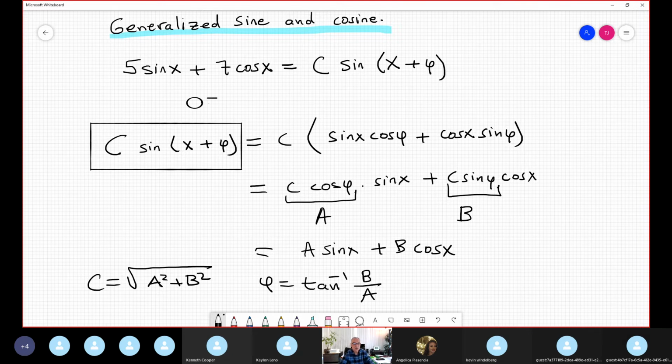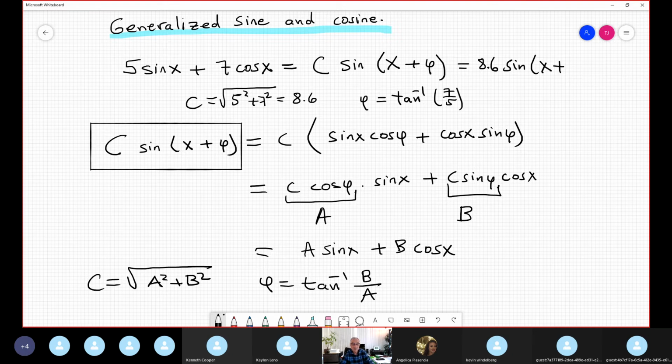Well, c is the square root of 5 squared plus 7 squared. 5 squared is 25, 7 squared is 49, put together, square root now 8.6. So my sine has 8.6 as the amplitude, sine(x plus phi). And who is phi? Well, phi is tangent inverse of b over a, in our example 7 over 5.